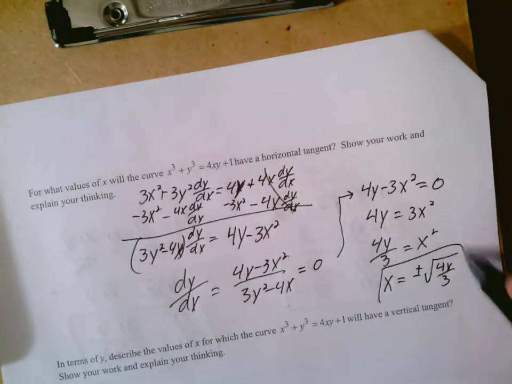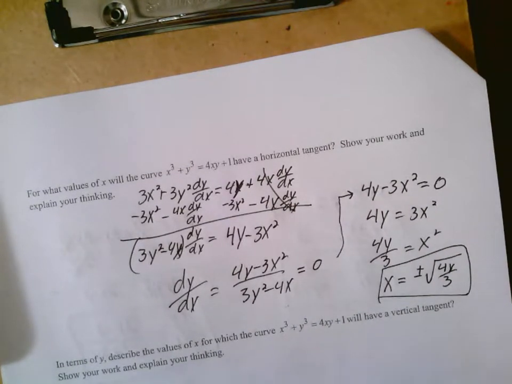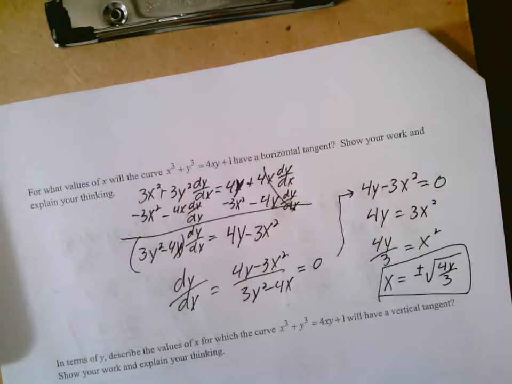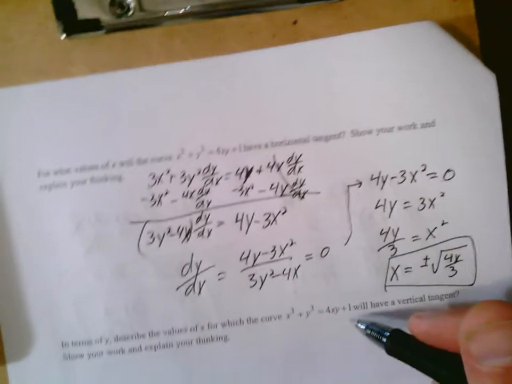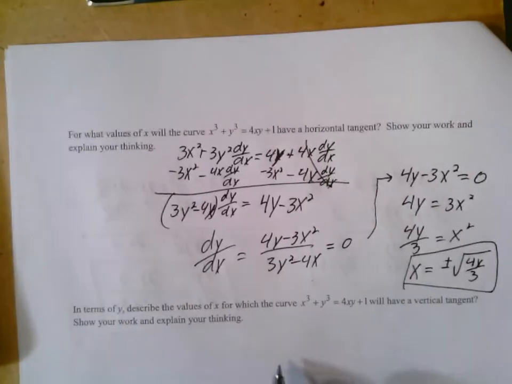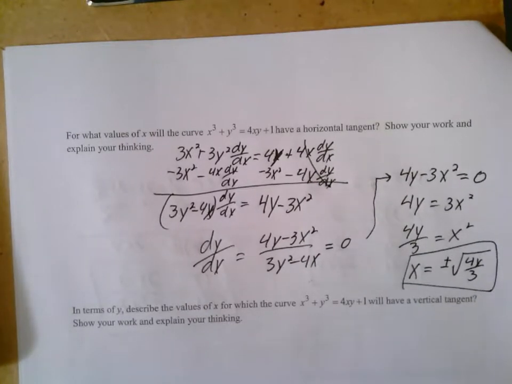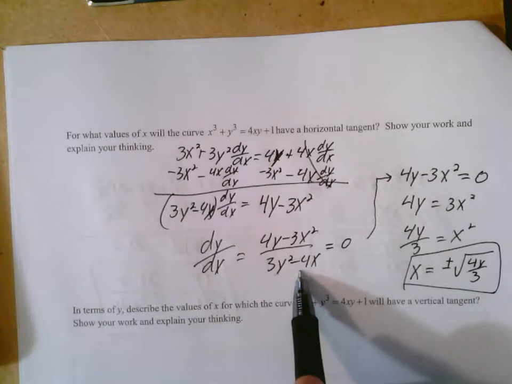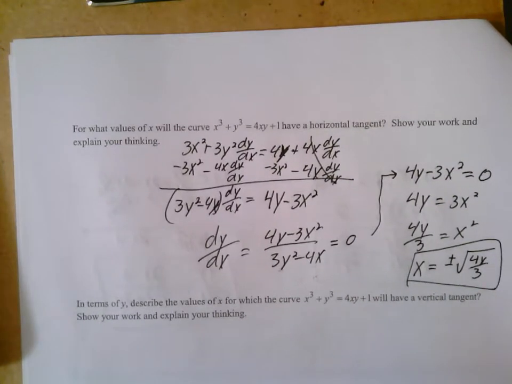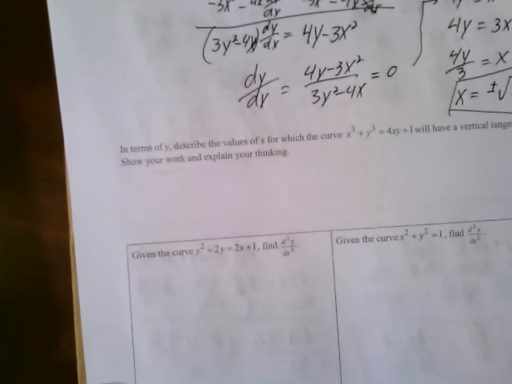And there's two values of x, but it's dependent on the y. In terms of y, I'm not going to do this. Horizontal tangent, you set this equal to 0. Vertical tangent, excuse me, because that's got to be undefined.